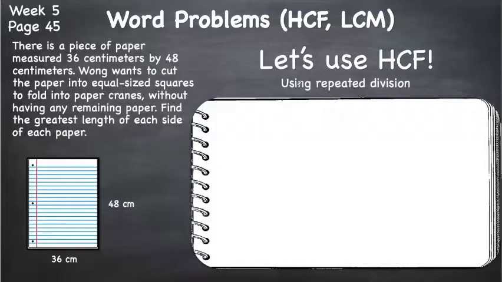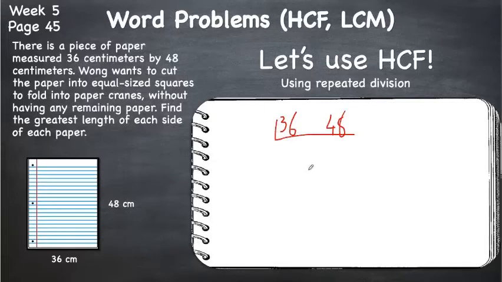Basically, we have to use the repeated division, or the cake method. So let's take 36 over here, and we have 48, and let's use the cake method.